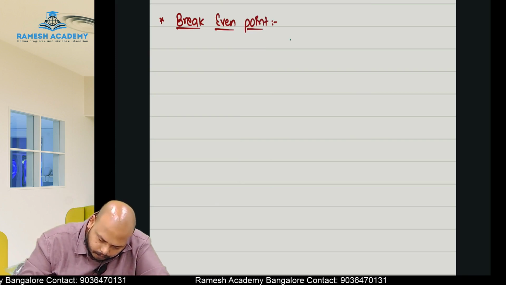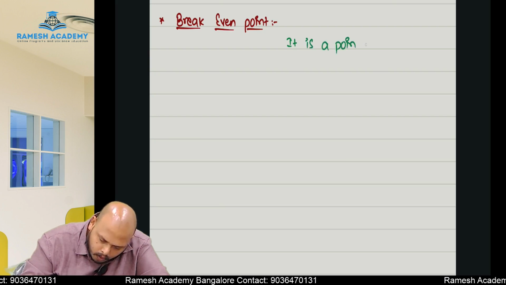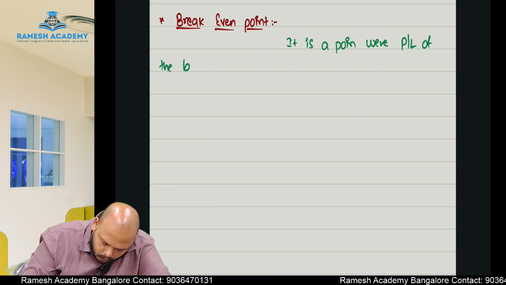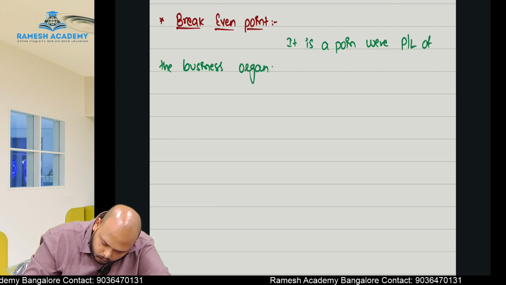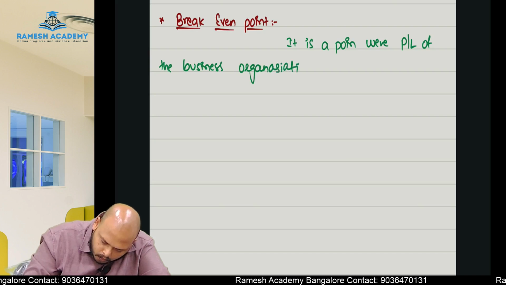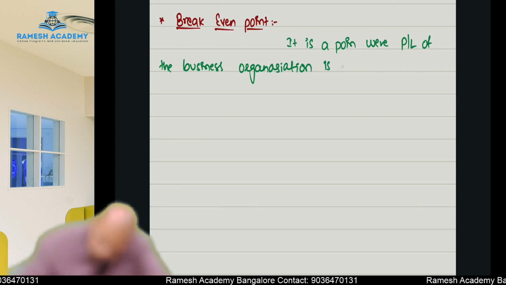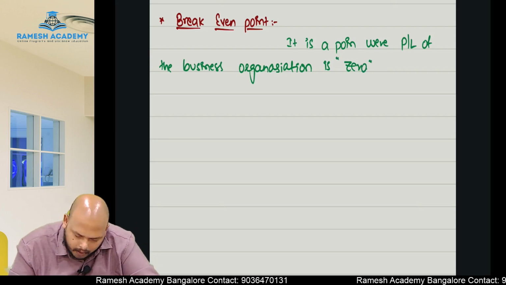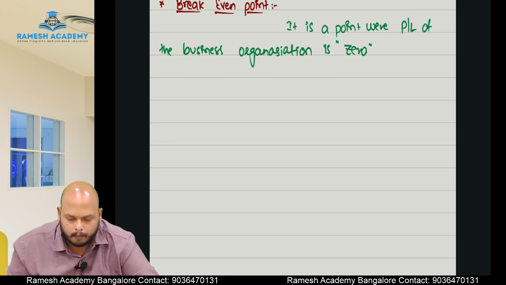It is a point where the profit or loss of the business organization is 0. So it is a point where the profit or loss of the business organization will be 0, which means there won't be any profit, there won't be any loss.